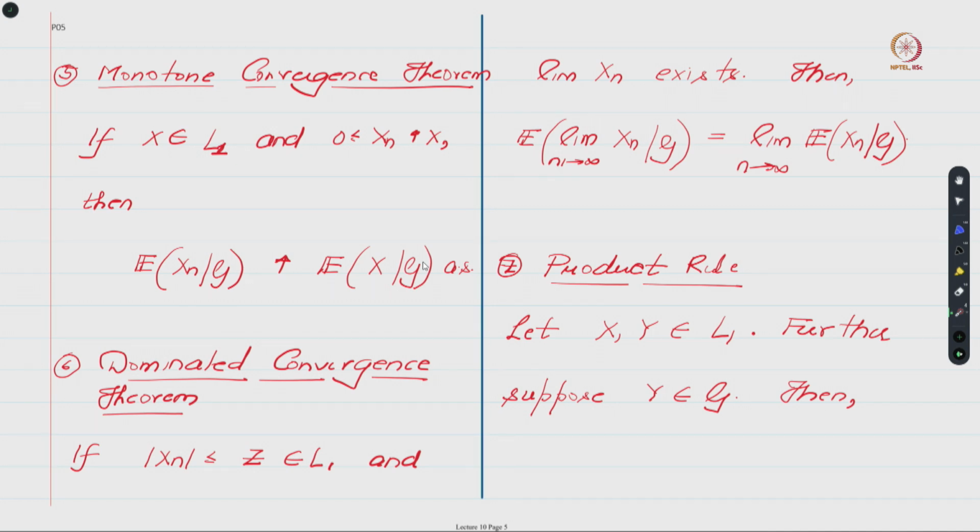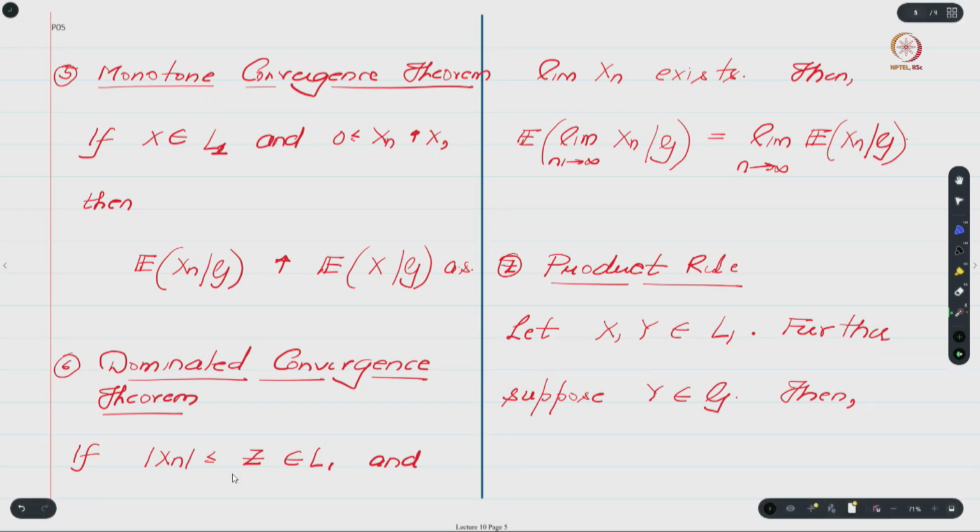Okay, so like we have a similar extension of the monotone convergence theorem, we also have an extension of the dominated convergence theorem. So the dominated convergence theorem says that suppose you have a sequence xn such that every element in that sequence, that is xn, satisfies this relation, that is absolute value of xn is less than or equal to z, and this should hold for every little omega in capital omega.